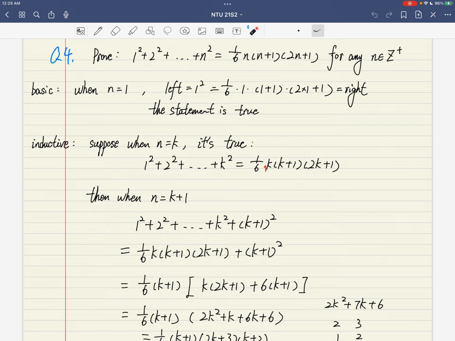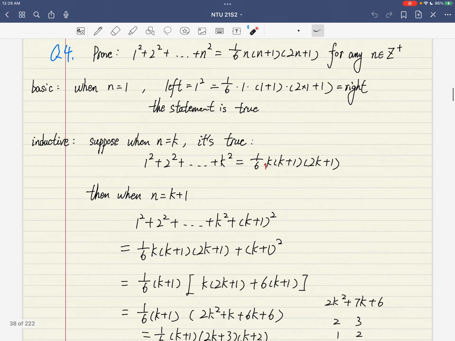So again, we prove the basic step, then we prove the inductive step. In the basic step, we need to prove when n is 1, it is true. How to do that? Again, the same. You substitute 1 for n on the left side as well as on the right hand side.